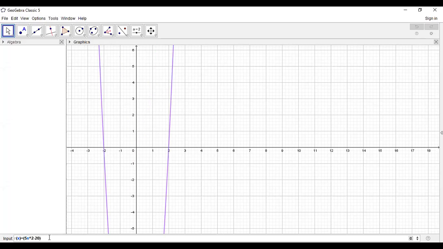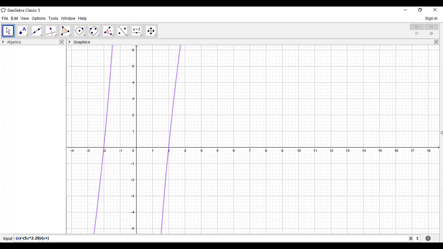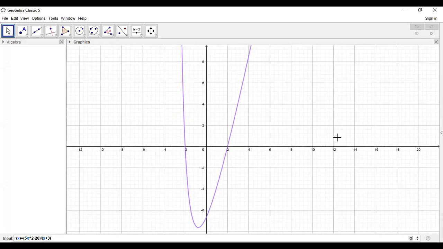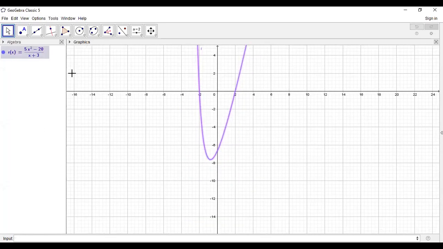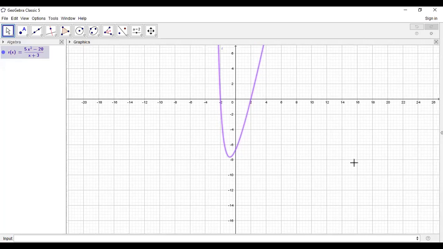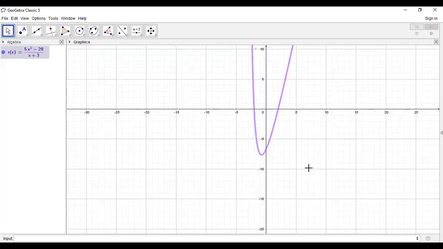All over x plus 3. Tama ba? Opo, sir. So, ito yung graph natin. 5x squared minus 20 over x plus 3.